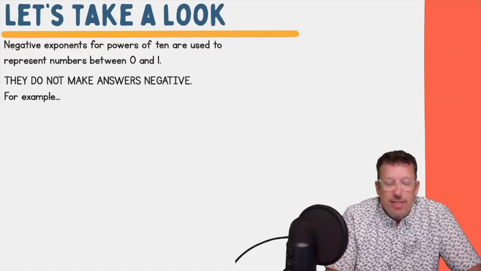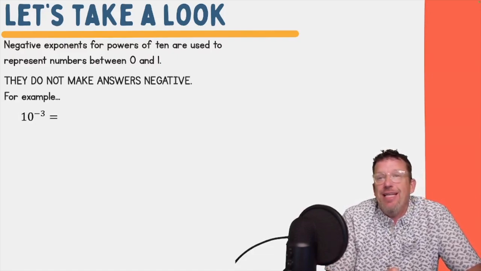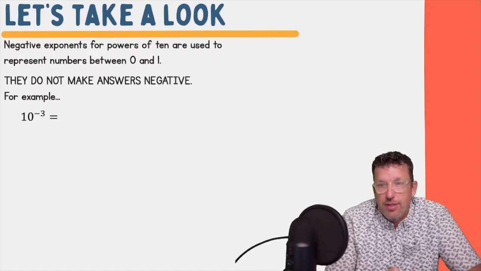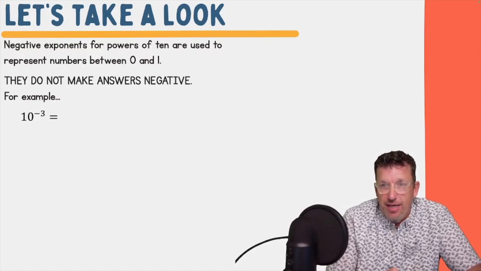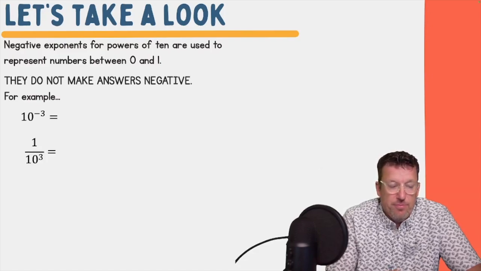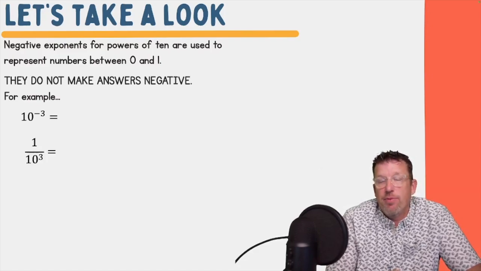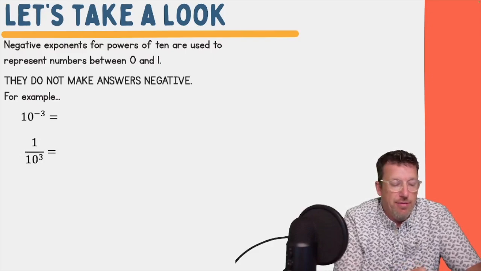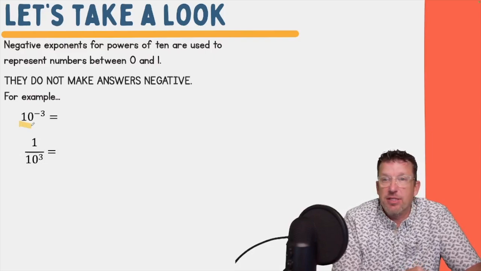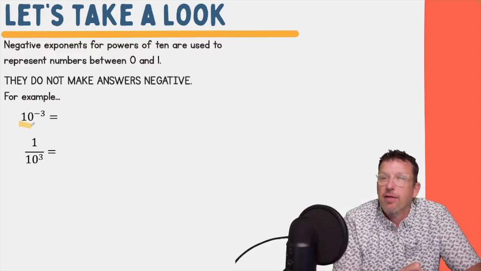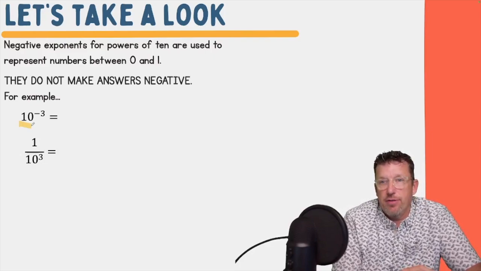For example, let's take a look at this now. If we have 10 to the negative third, all that means is we're taking the reciprocal of 10, which is 1/10, and now we're putting it to the third power. So the negative means take the reciprocal, so we turn it into 1/10, and now we have 1/10 to the third.